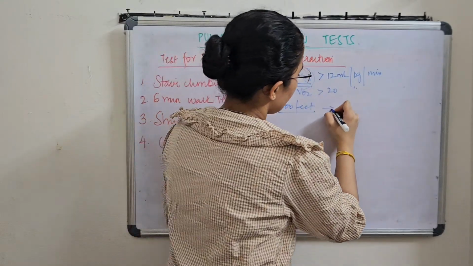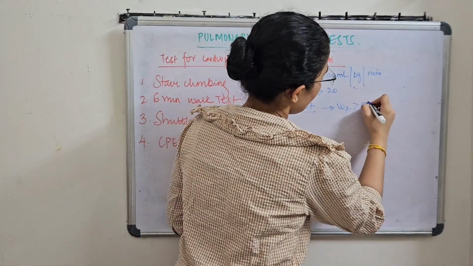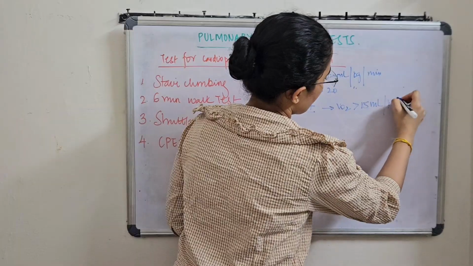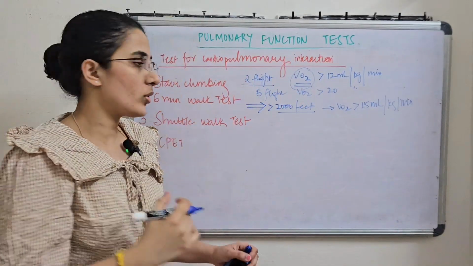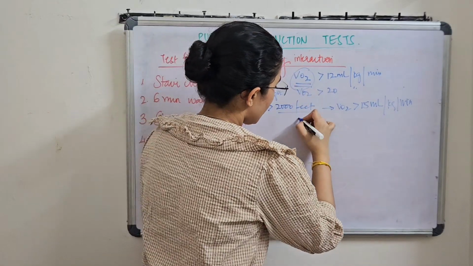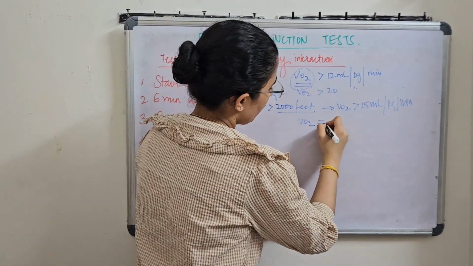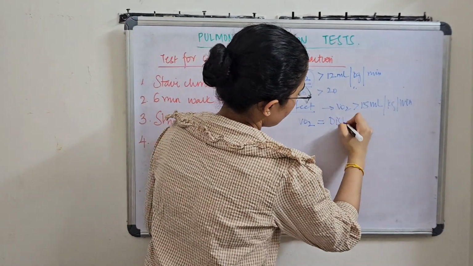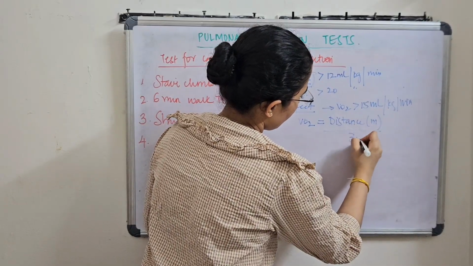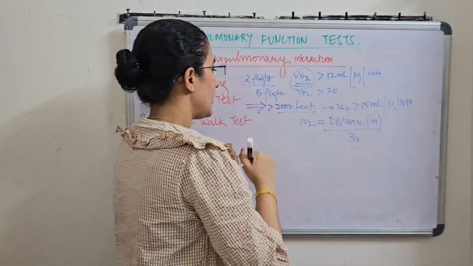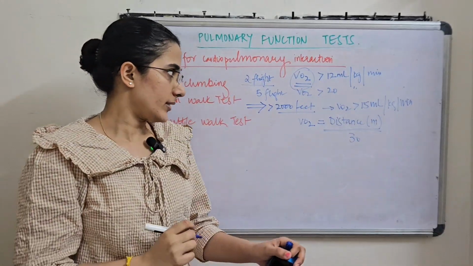That suggests that their VO2 will be more than 15 ml per kg per minute. How do we calculate the VO2 from the feet or meters travelled? There is a formula: VO2 is equal to the distance travelled in meters divided by 30. So this is how we calculate it using the 6-minute walk test.